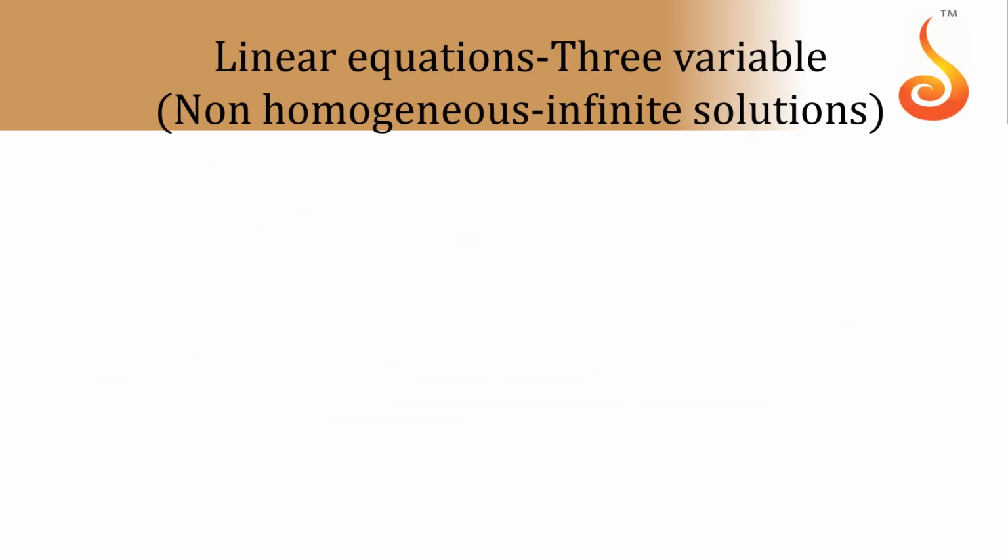So what do we mean by infinite solutions? From Cramer's rule, x is delta 1 by delta, y is delta 2 by delta, and z is delta 3 by delta.